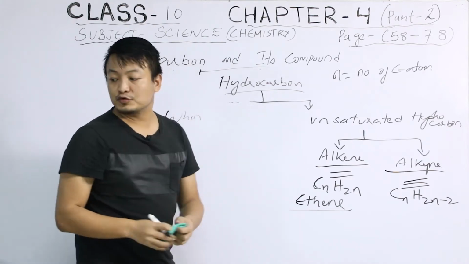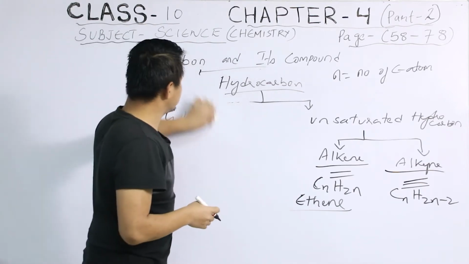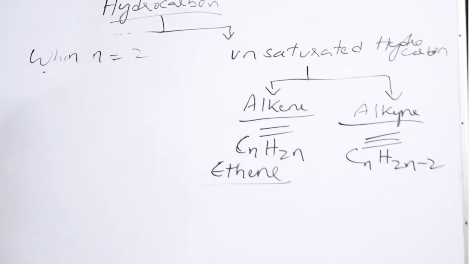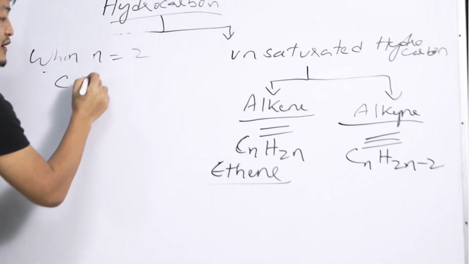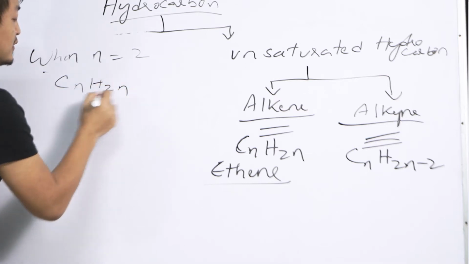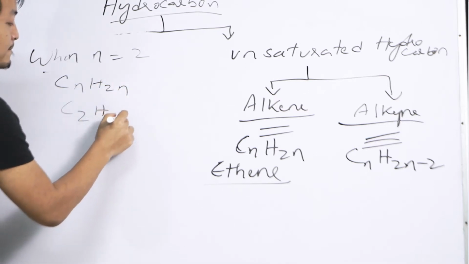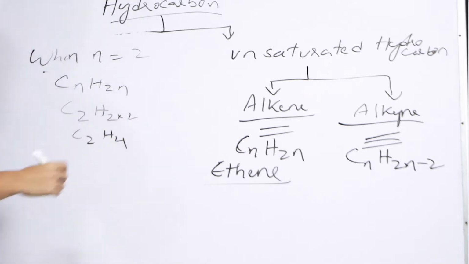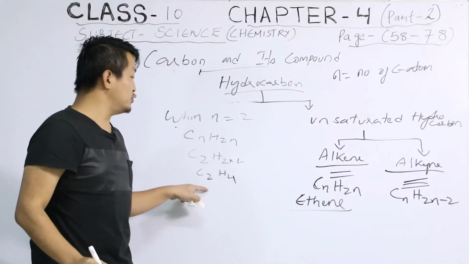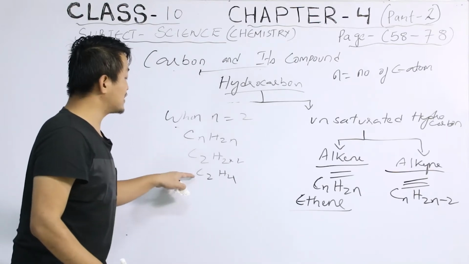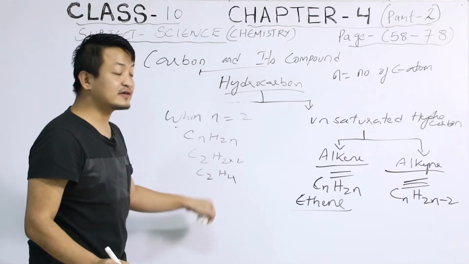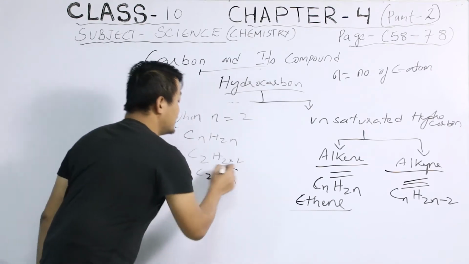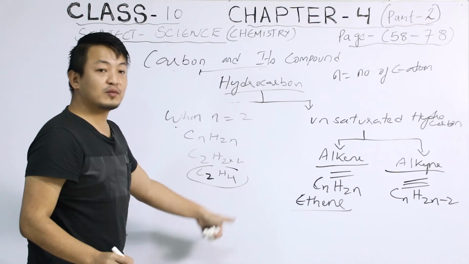When n is 2, we apply the alkene formula and get C2H4. That means 2 carbon atoms and 4 hydrogen atoms.